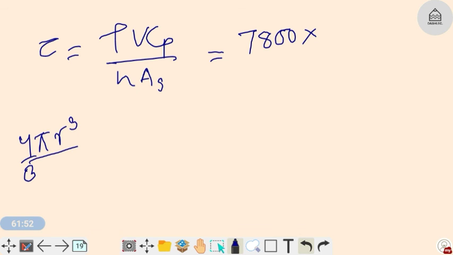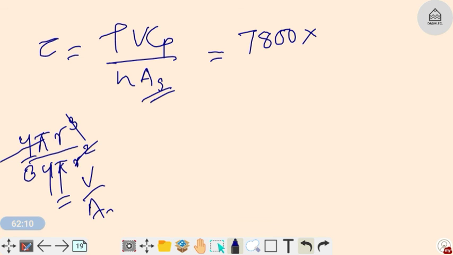And surface area is 4 pi r square. So r square goes with r cube, 4 pi goes. So V by A_s, just remember for a sphere, it will be r by 3.